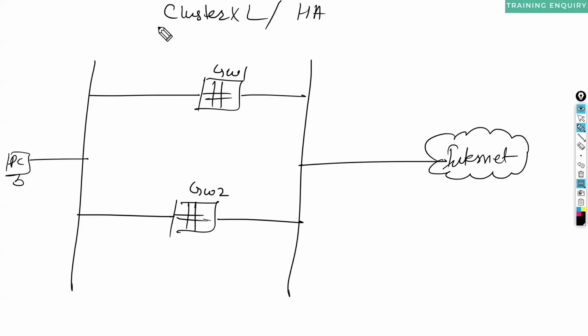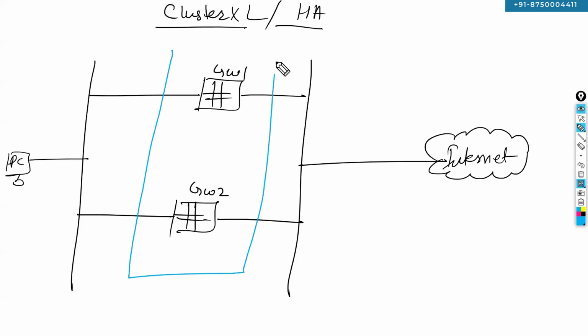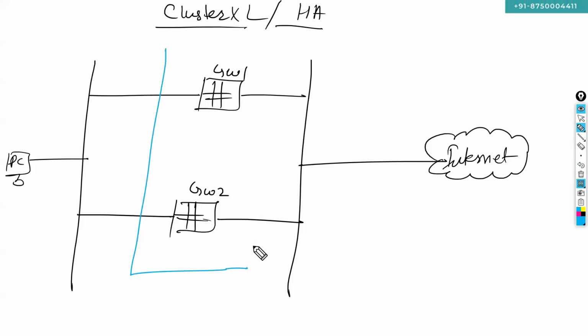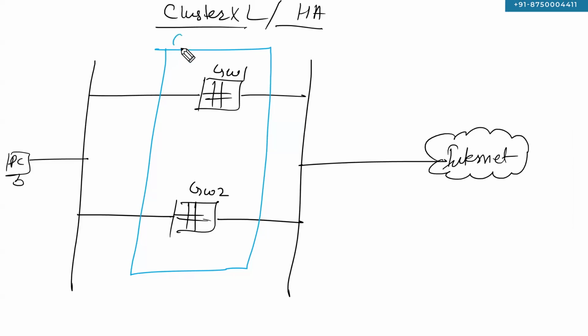So with the help of ClusterXL or HA, what can we do? We can group multiple Checkpoint gateways together, and we can treat them as a single gateway. These gateways will be merged into a single cluster, and to this cluster we will create VIPs.